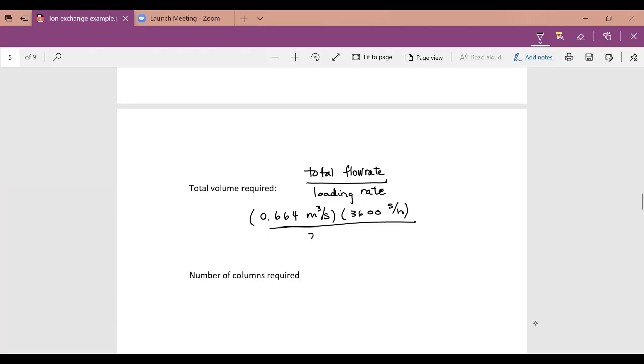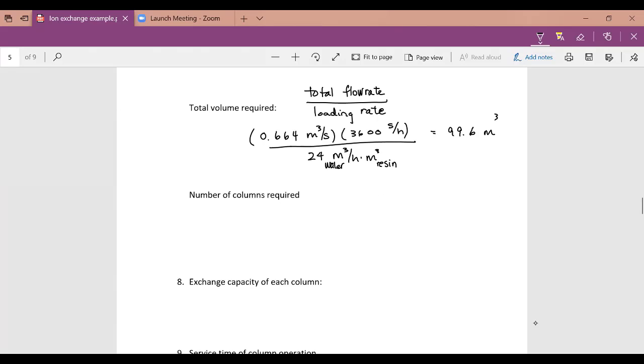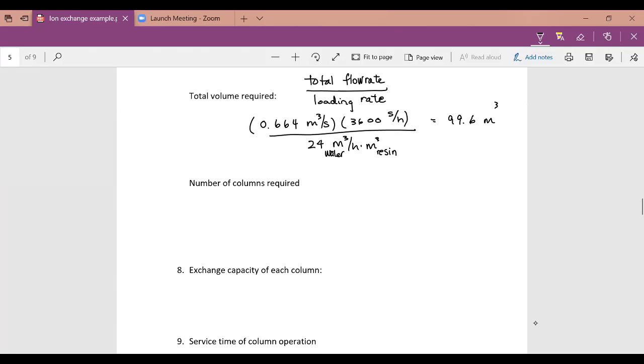And then we'll divide that by 24 meters cubed per hour per meter cubed. So this is resin, this is water. And that equals 99.6 meters cubed.